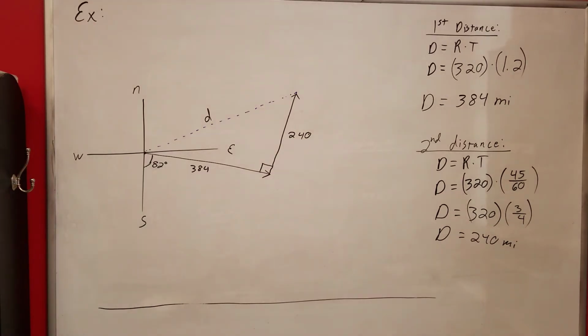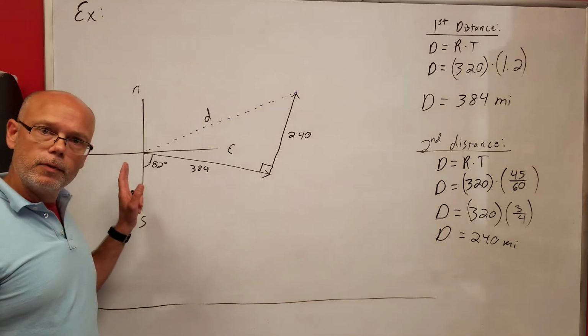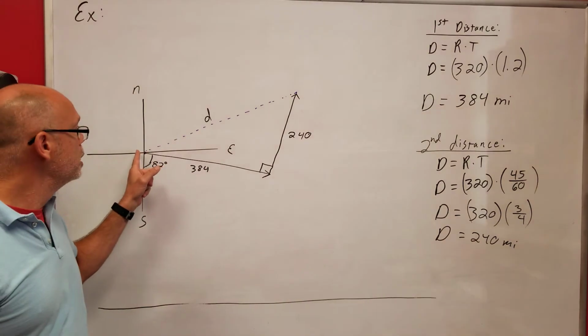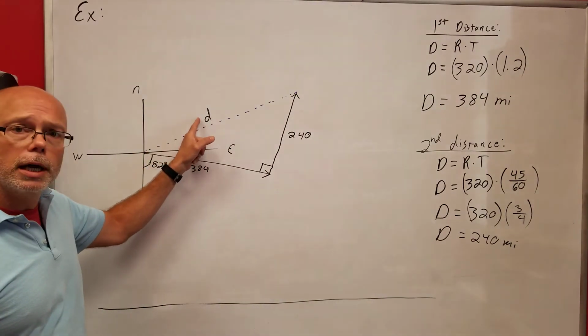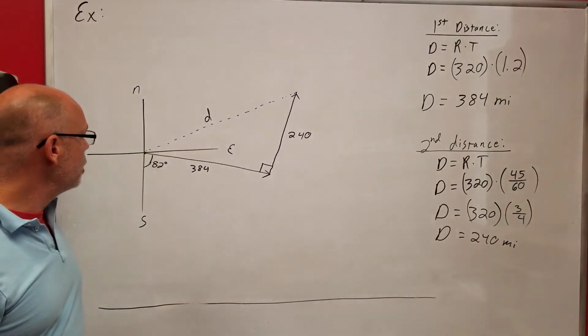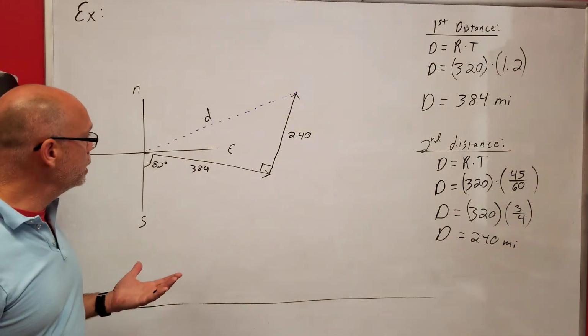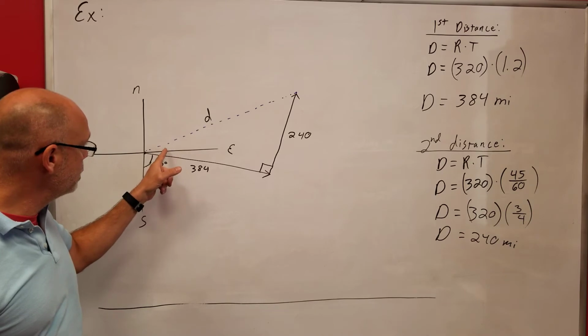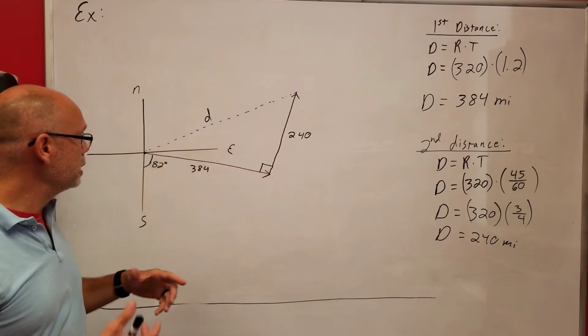All right, so now I have my triangle labeled right here. Now, what is it asking me for? It's asking me how far that plane is from the airport that it took off from. So it's asking me, what is lowercase d? I have a variety of ways I could find this. One way is I could say the tangent of this angle is equal to that over that and so forth.